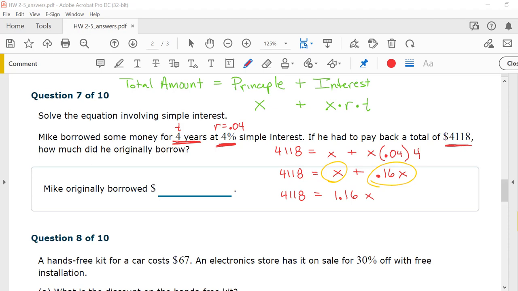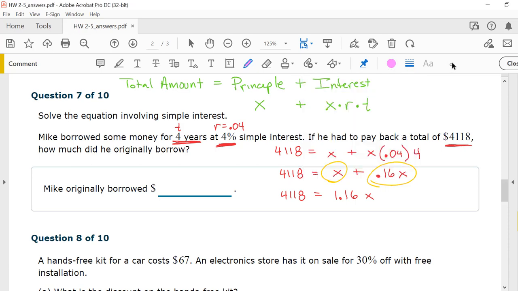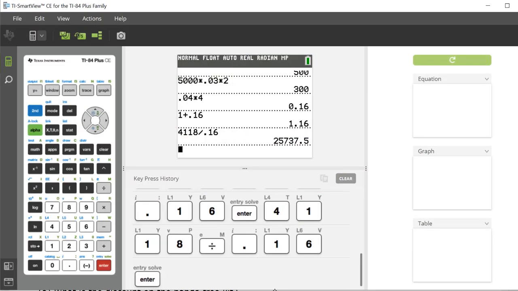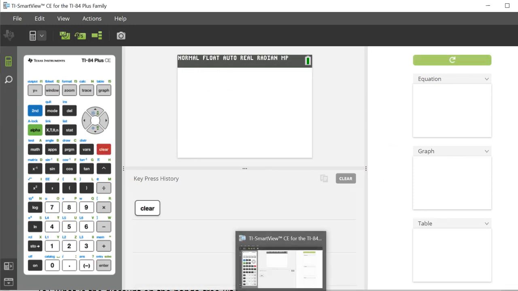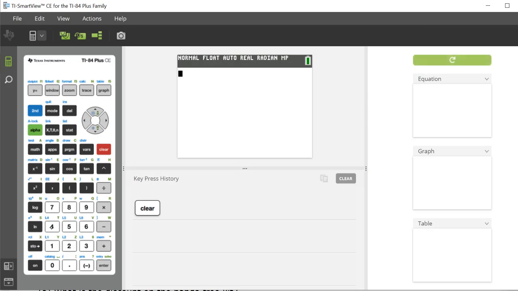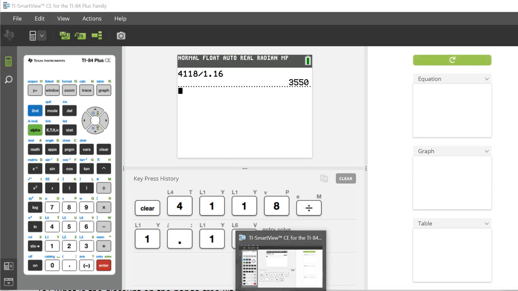4,118 equals 1.16 times X. I want to divide both sides by 1.16. So I have 4,118 divided by 1.16, and I get 3,550.